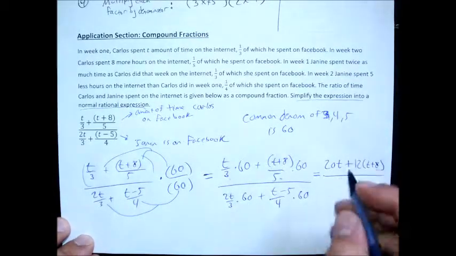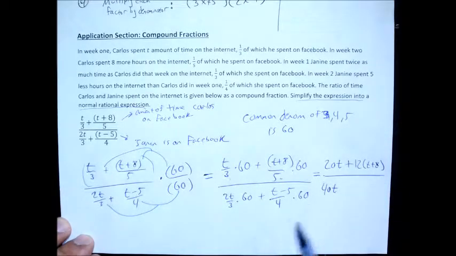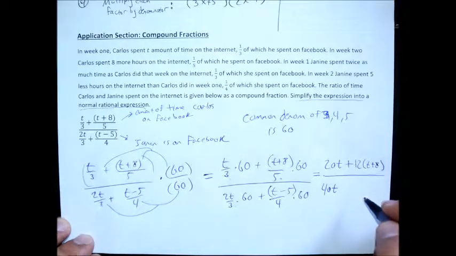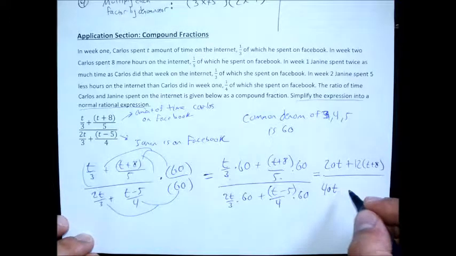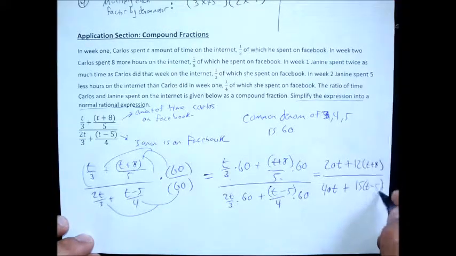Again, 3 goes into 60 20 times, so we'll have 20 times 2t, which is 40t. And then that should be in parentheses there. 4 goes into 60, what? 15 times? Yeah, thanks. So this would be plus 15t minus 5.